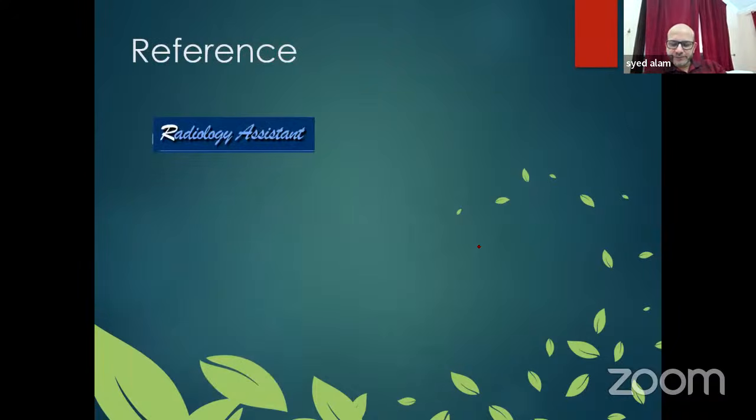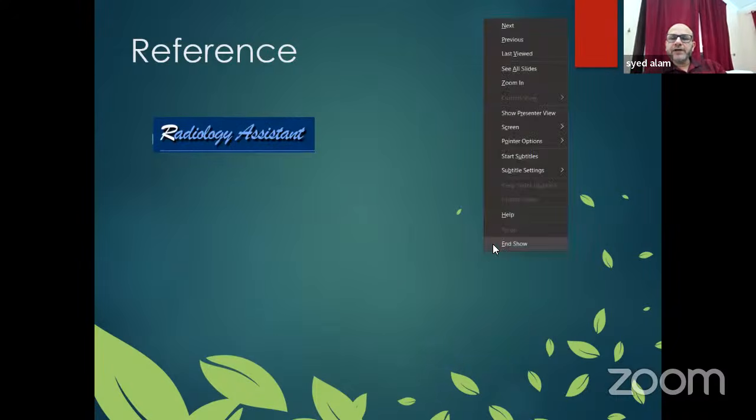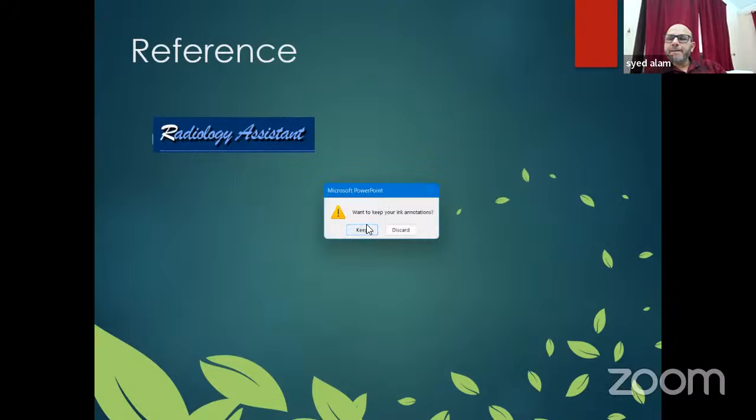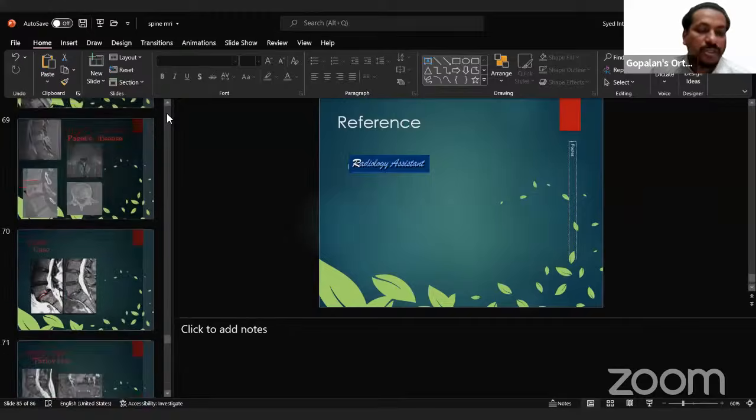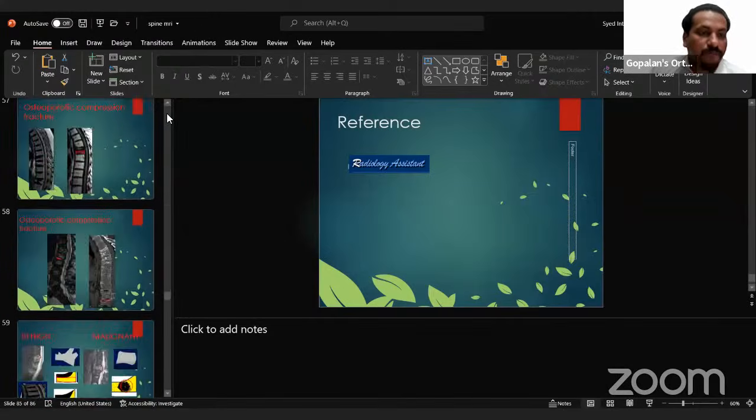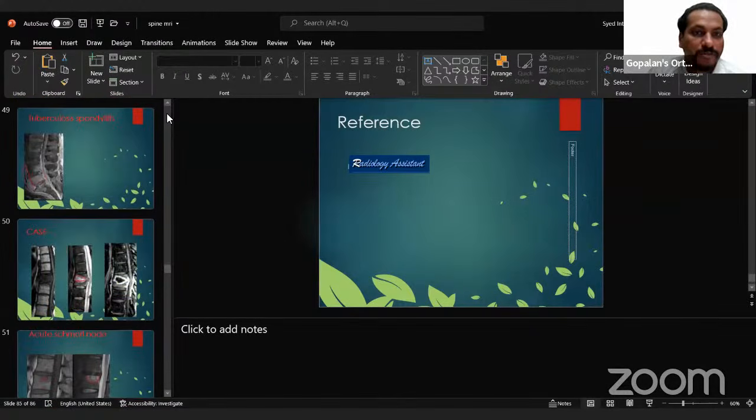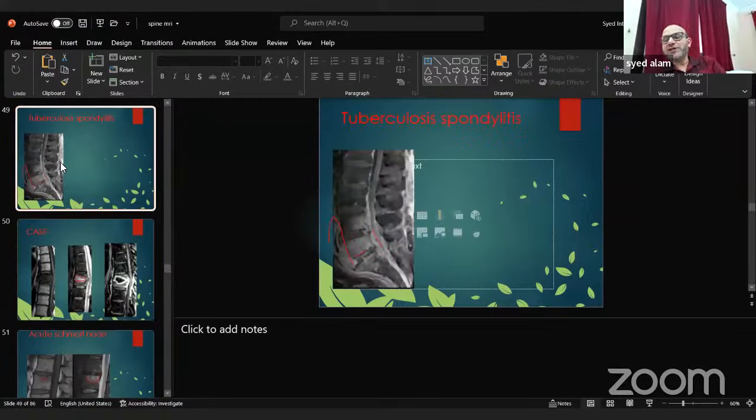Your question is what? Can you tell me the question? Yeah, how to decide which disc bulge is causing the symptom when there is a multi-level disc bulge? Basically here is the importance of clinical care. We say don't treat the MRI, treat the patient. You have to ask the patient which segment has pain.